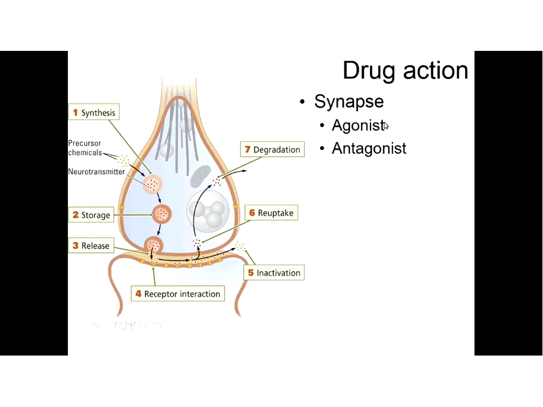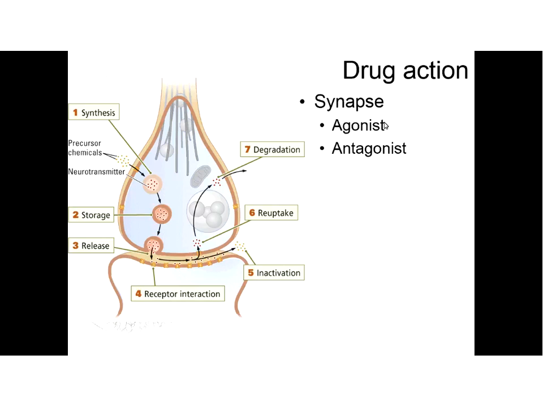Now this seems like a pretty straightforward definition, and on the surface it is, that the drug is increasing the effectiveness of neurotransmission. We'll see that that can have a great deal of effects on behavior.